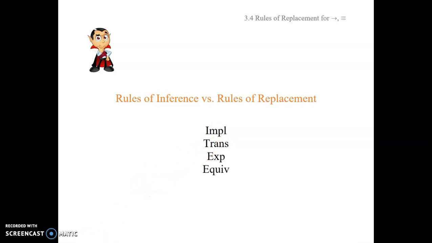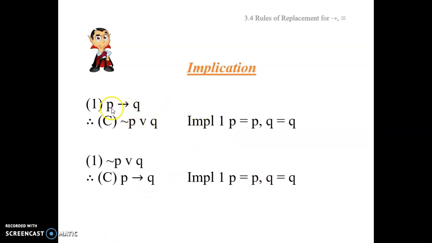Basically, if you've got a conditional, you can convert it into a disjunction, provided you make the antecedent negated. So when you're going from a conditional to a disjunction, you have to add a tilde to the antecedent, and then you leave the consequent absolutely as is, and vice versa.